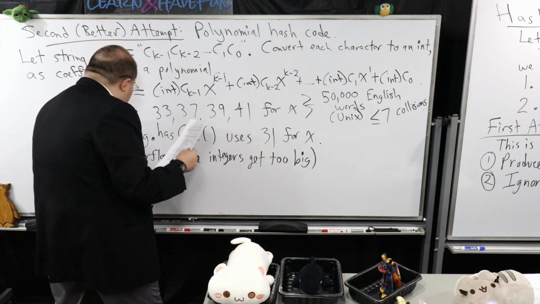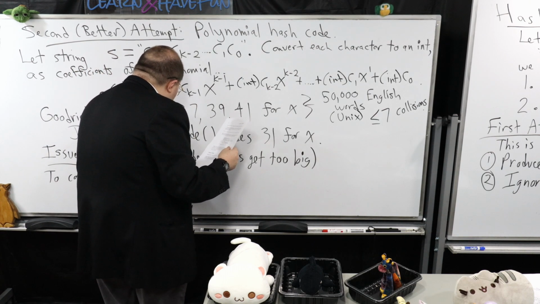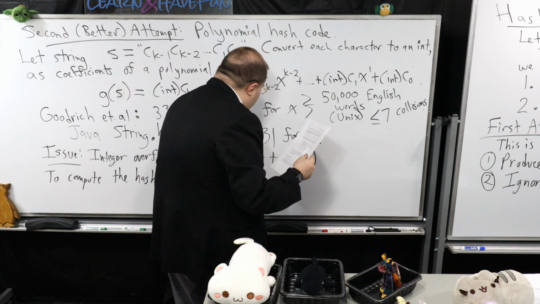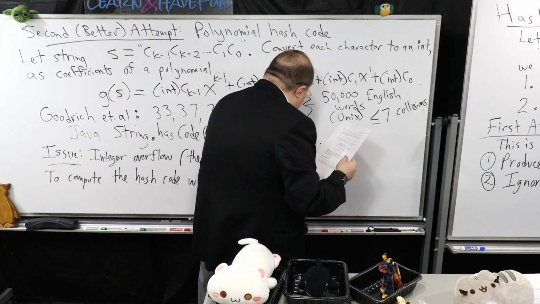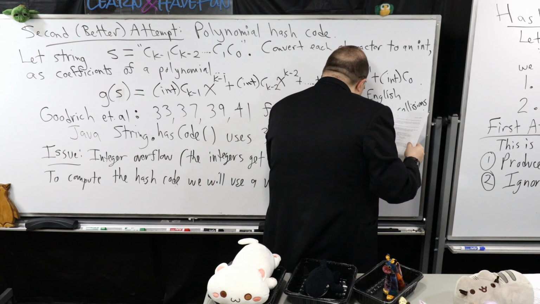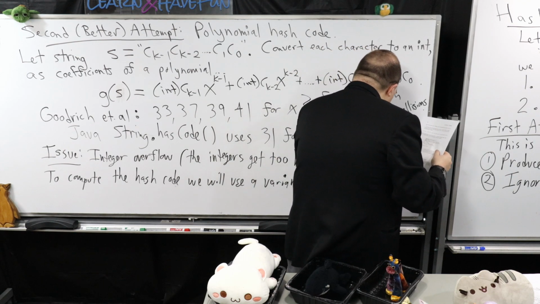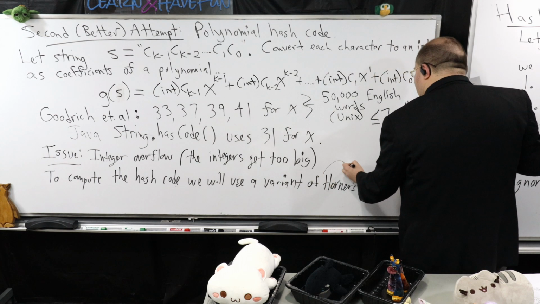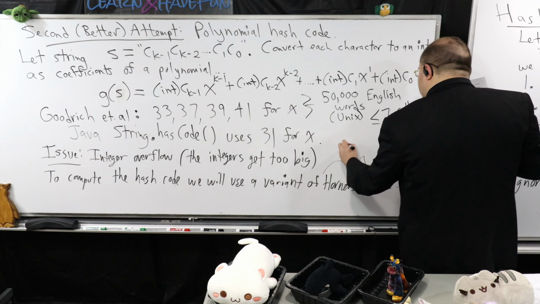So to compute the hash code, we will use a variant of Horner's method, which, I must stress, actually does half the number of multiplications.